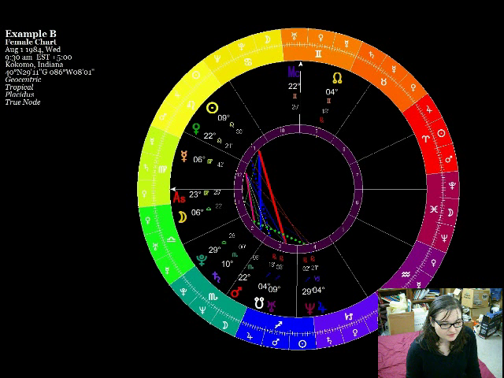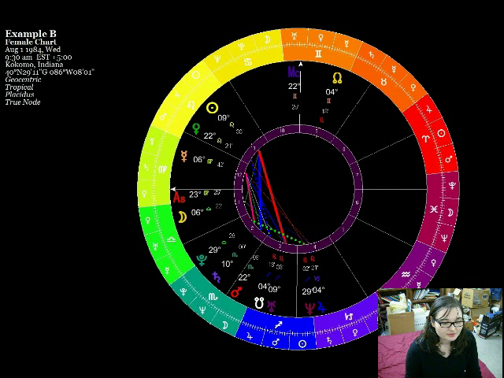Now, one of the points we made on a slide previous was if the midheaven, or the 4th house cusp, is close to your significant planet, you want to make it conjunct. So in this case, it's pretty close. It's very close, actually.